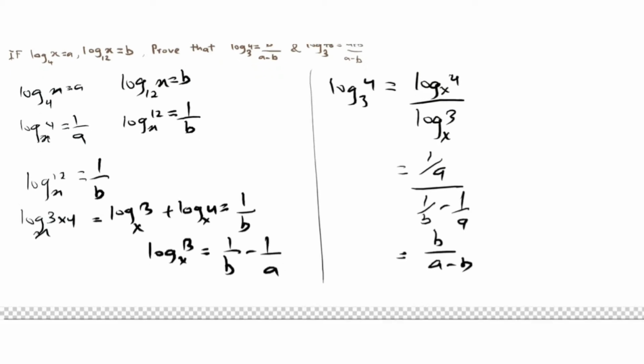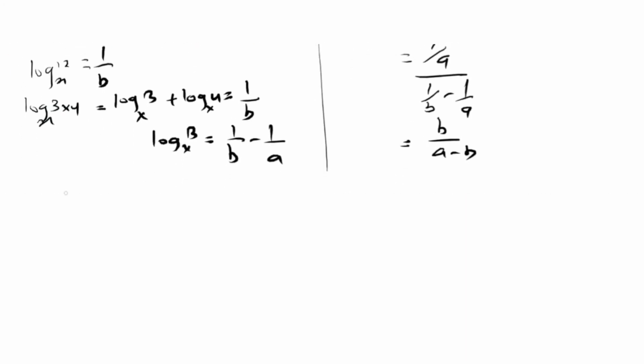So that's that. So the second one, they are asking us to show log 3 4 8 as a plus b over a minus b. Here too we can write this, how? We can write 4 times 3.